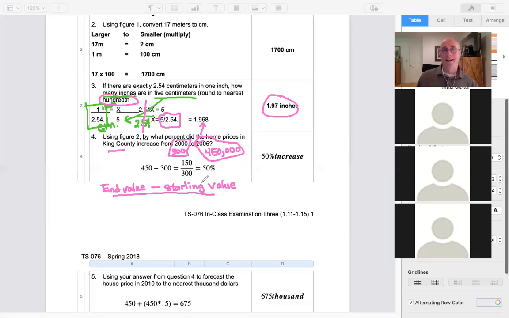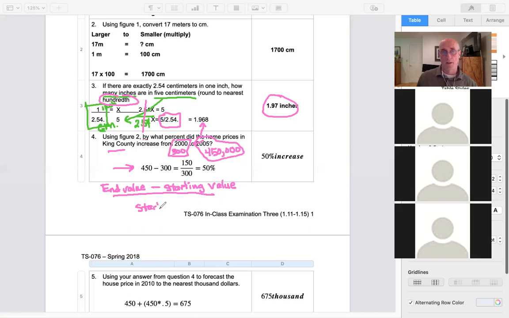Our ending value, as it's showing on this little answer cheat sheet here, is 450,000 per house. That was the ending value in 2005. Minus the starting value, which was 300,000, and we get an answer. And that answer is divided by your starting value.